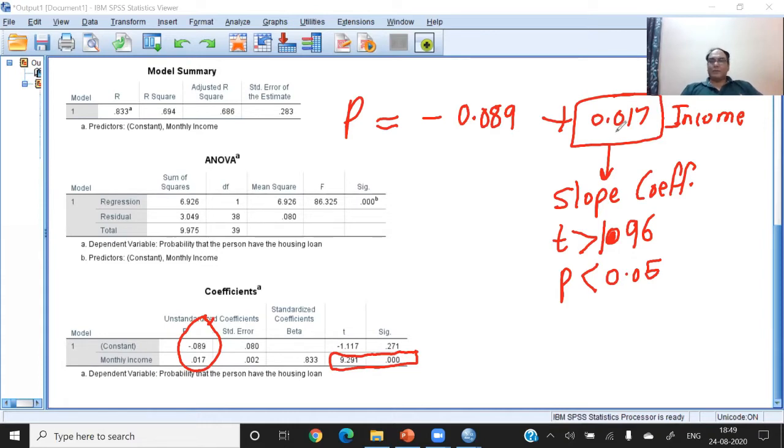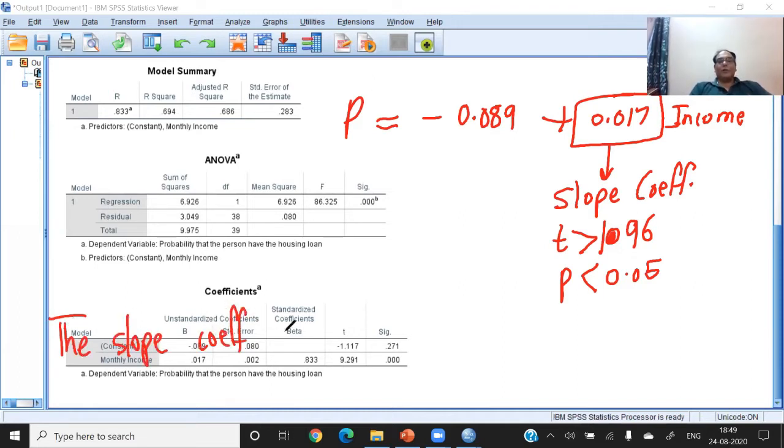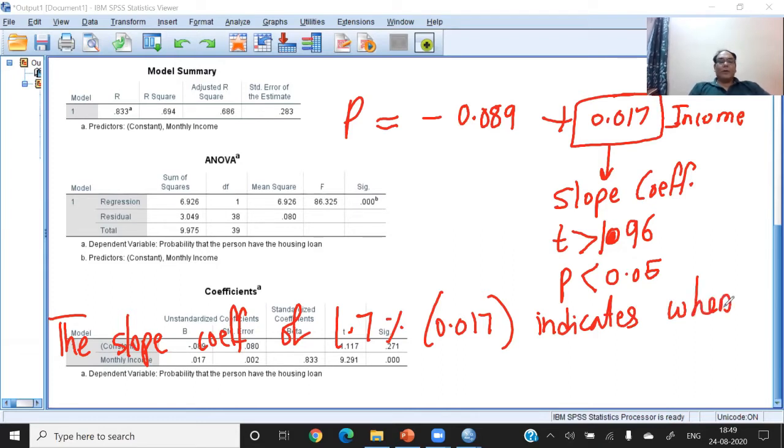Now what does this beta mean? I'm writing here the slope coefficient of 1.7%. If I multiply it by 100, it is a percentage. It is 1.7%, or you can write 0.017. There is no difference. The slope coefficient of 1.7% indicates that when income increases by 1 unit, because our income is in thousands, so we can put 1000.